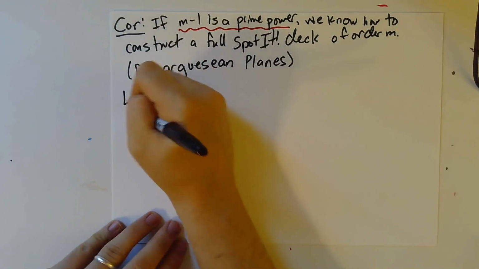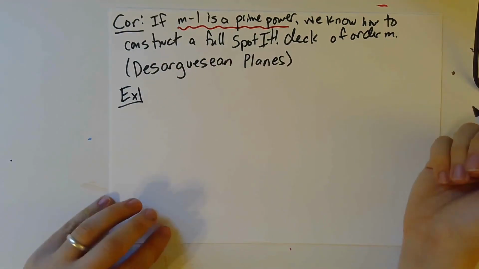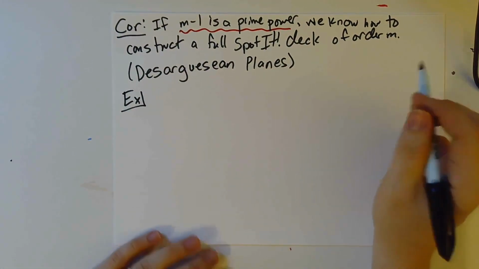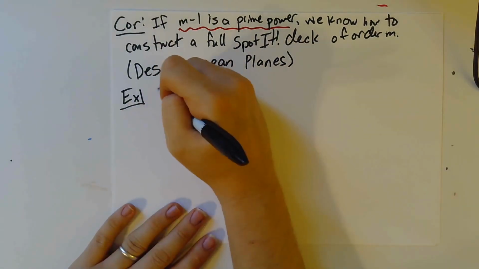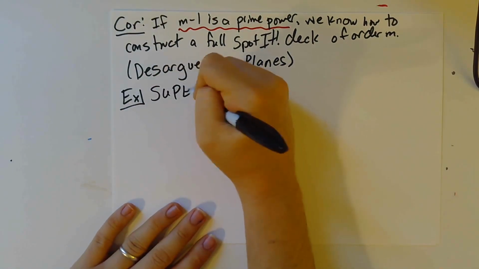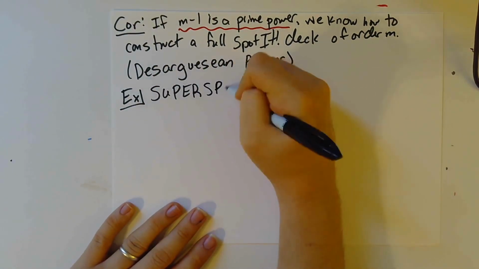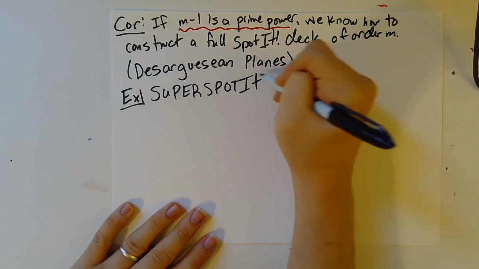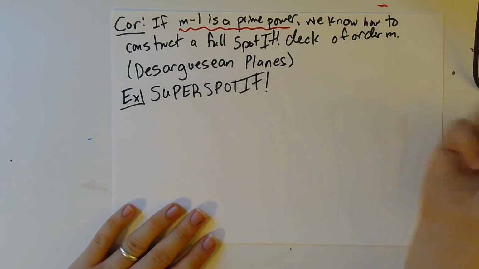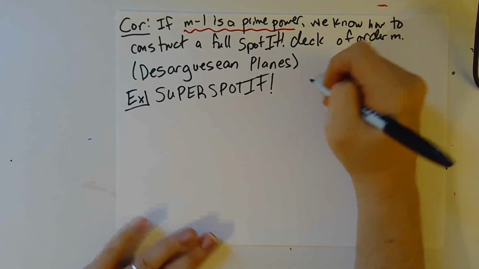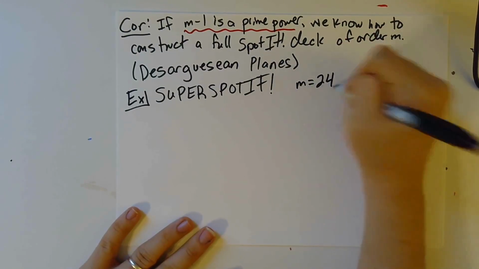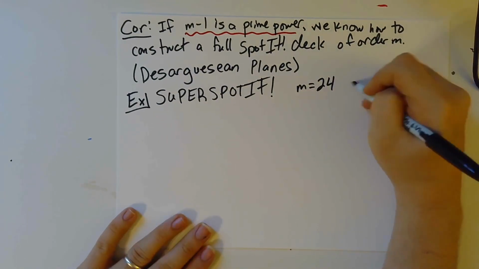So, just as a few examples, if, say, you wanted to make Spot-It harder, and you wanted to make super Spot-It, you could make a full Spot-It deck with M equals 24 symbols on every card.